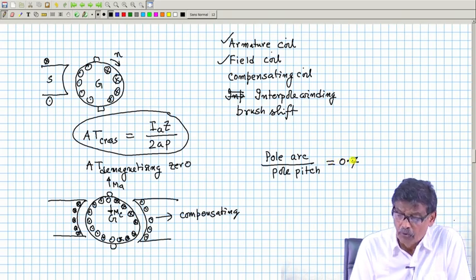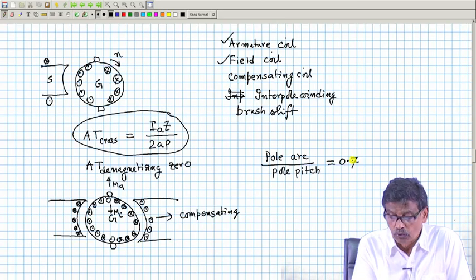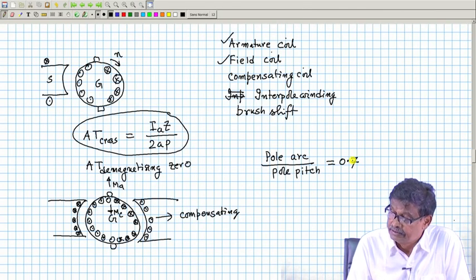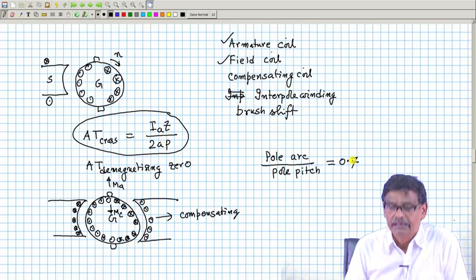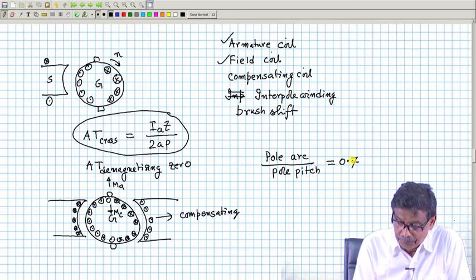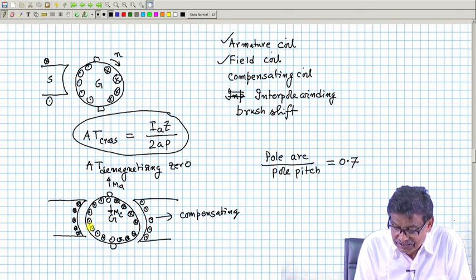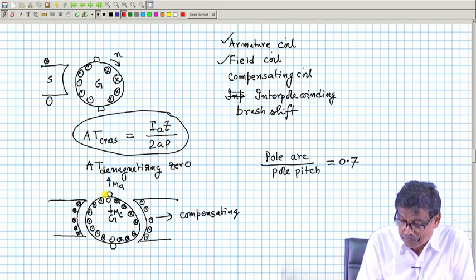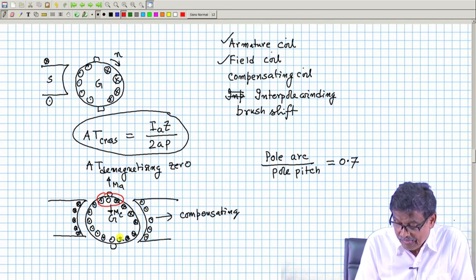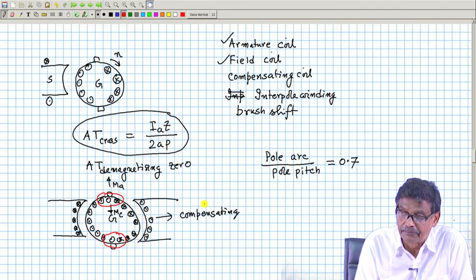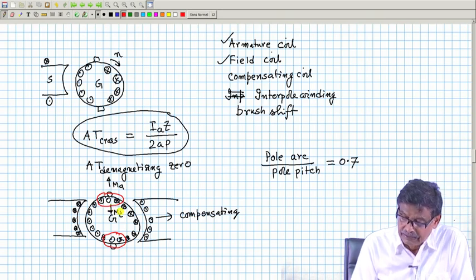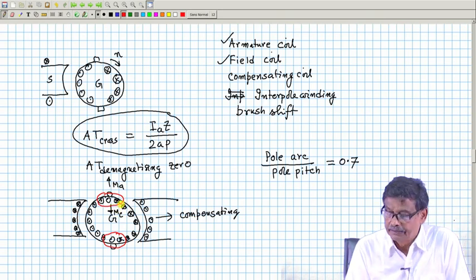Then the total of these cross magnetizing ampere turns per pole, 70% of that can be compensated by the compensating coil, because these dot currents are in the vicinity. This group of coils, which are outside the purview of this 0.7, will not be compensated. That is the idea.